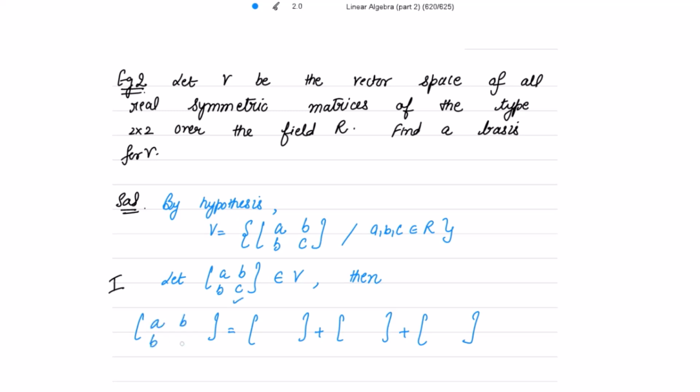Can I write this matrix as [A, 0; 0, 0] plus [0, B; B, 0] and then [0, 0; 0, C]? Now if I add all these, I get [A, B; B, C] back.